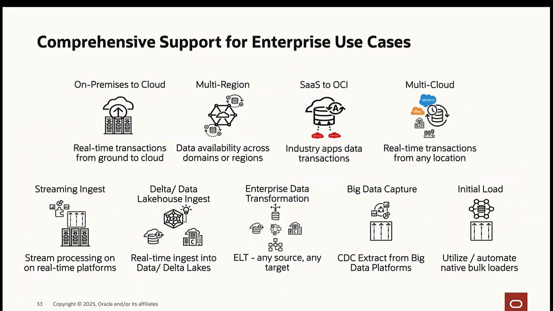So for your last couple slides, just what the use cases are. You have on-prem to cloud, multi-region, SaaS to OCI, multi-cloud. With multi-cloud, this could be an OCI account to another OCI account. I know in the past I've worked with companies that acquire other companies or create landing zones as consultants, and they've used GoldenGate as a way to quickly deploy stuff from one cloud account to another.